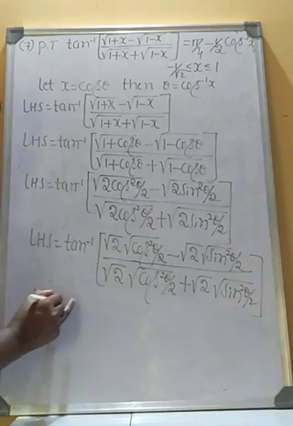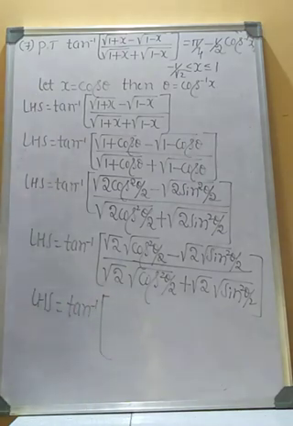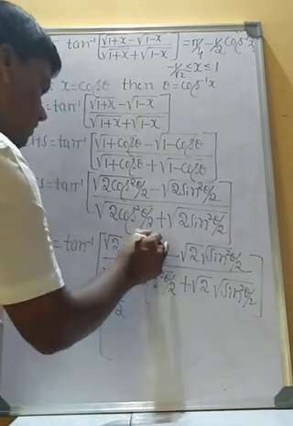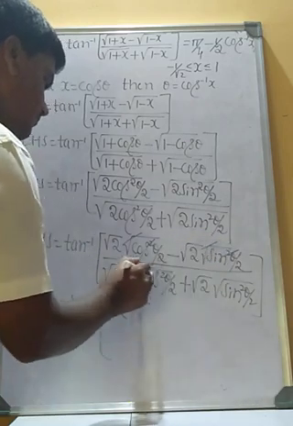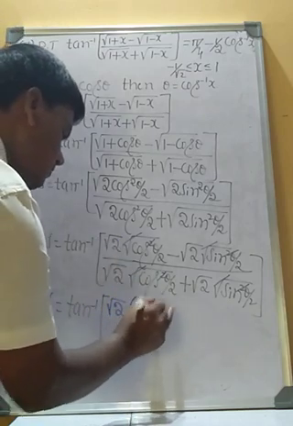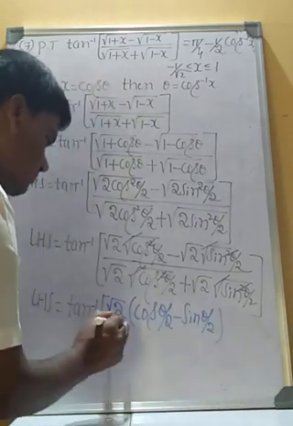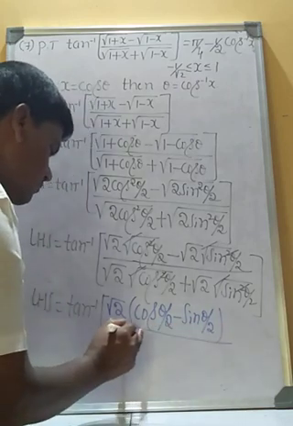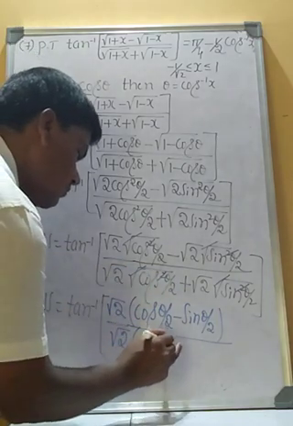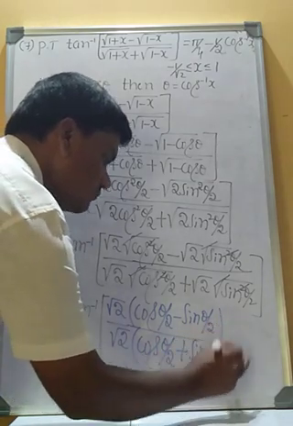Take common root 2, square and root cancellation: root 2 is common, in bracket cos theta by 2 minus sin theta by 2, dividing by denominator also root 2 common, in bracket cos theta by 2 plus sin theta by 2.